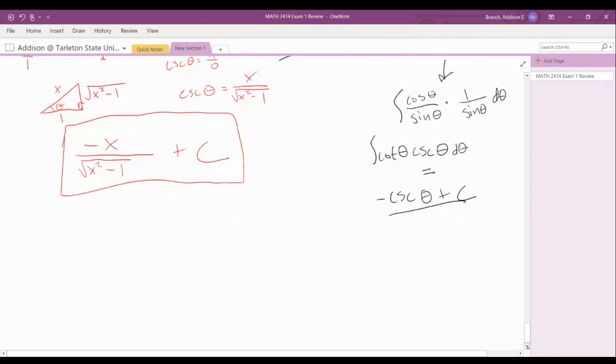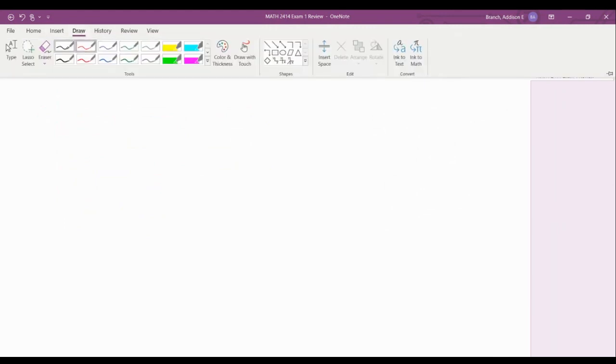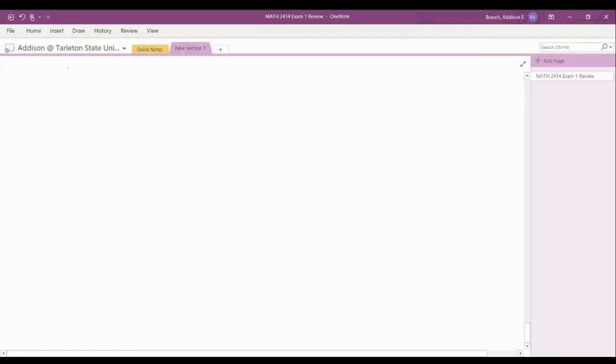And trig sub doesn't necessarily have to be in exactly those formats. There's a couple other uses and some other tips that I have for this. It does not have to necessarily be under a radical. It usually helps because it helps cancel stuff out, but it doesn't have to be under a radical.